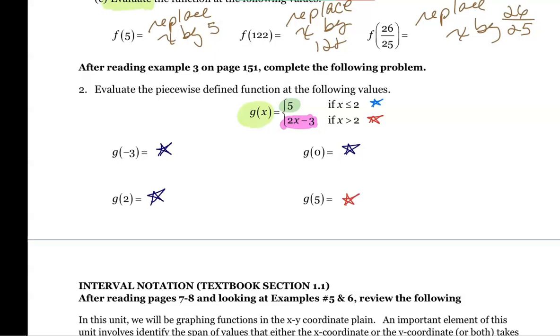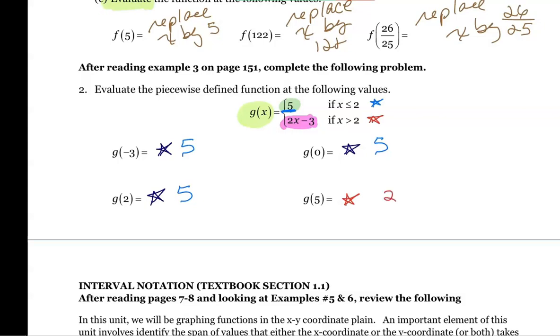So you're just going to go ahead and plug it in, and it's really easy for the first several, because what's going to happen? No matter what your x is, your y is always 5. Only in the last case, the red case, you get a different number depending on what your x is.